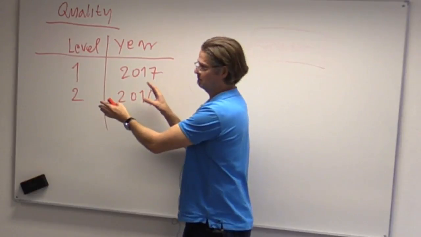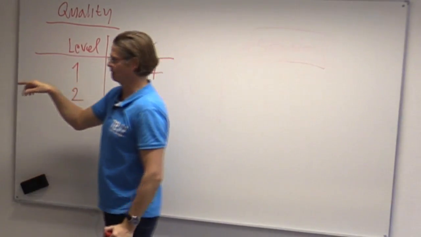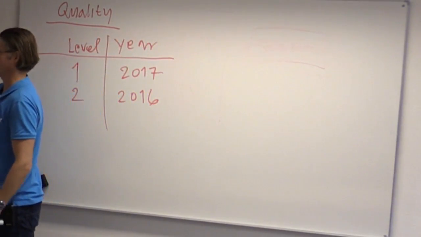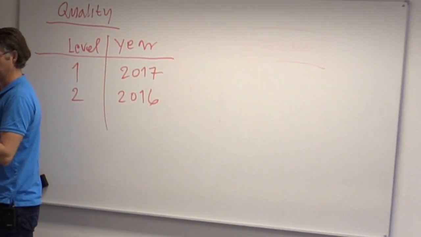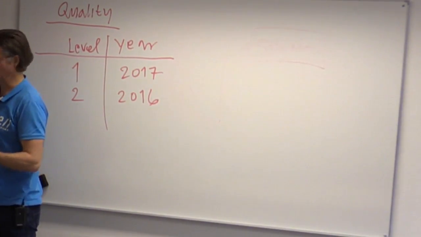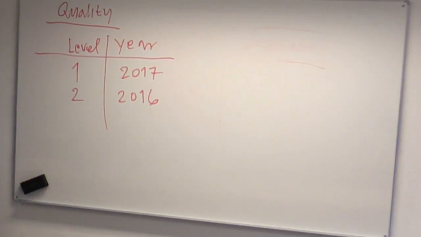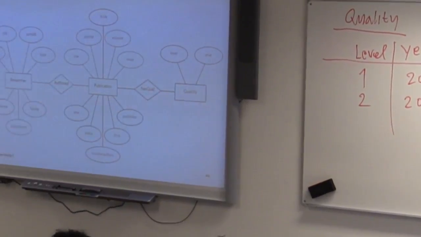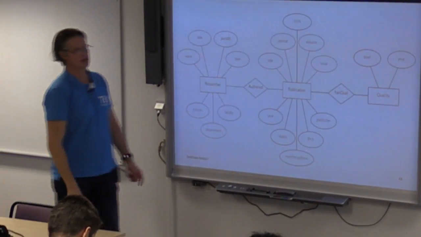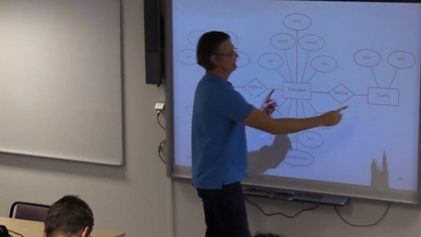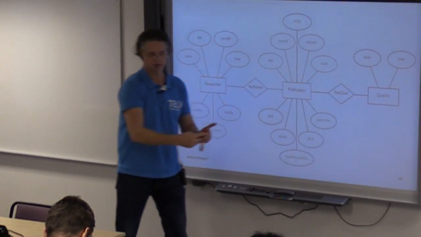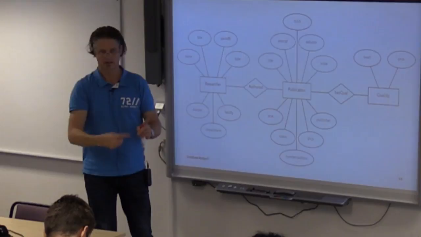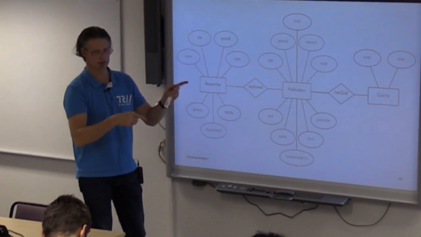There is more to it, but you can think in these terms sometimes when you see that, okay, I can add another row. That means I can actually remember the year and the level somehow. And I can relate the quality to a publication.